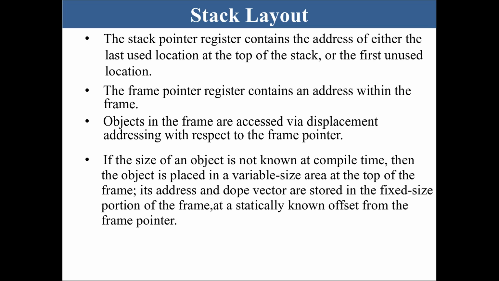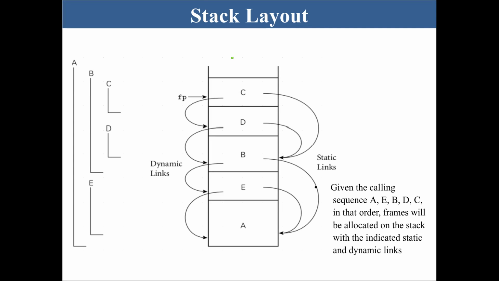If there are no variable size objects, then every object within the frame has a statically known offset from the stack pointer. Then in a language with nested subroutines and static scoping, the objects that lie in the surrounding subroutine can be found by maintaining a static chain.